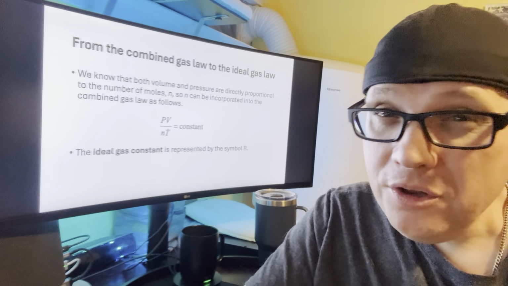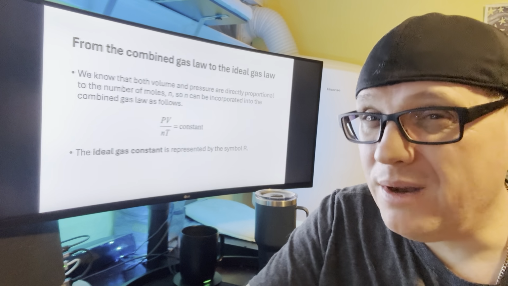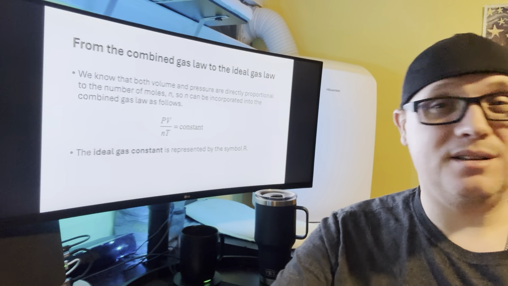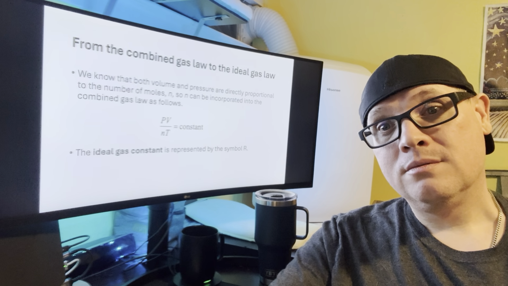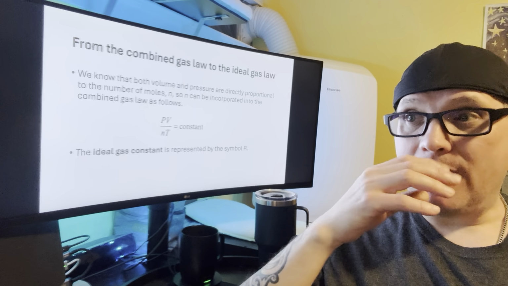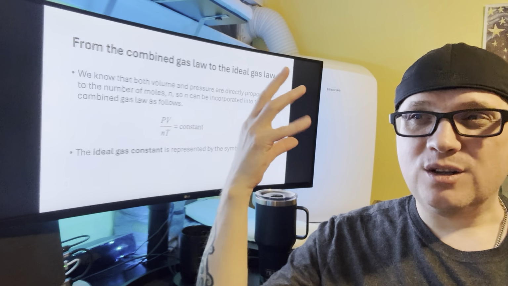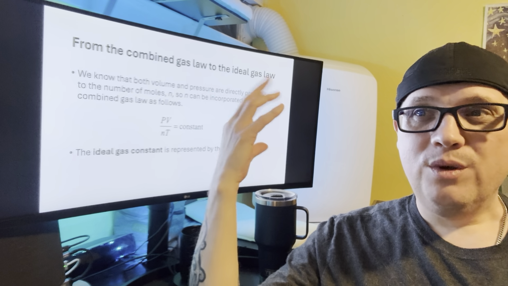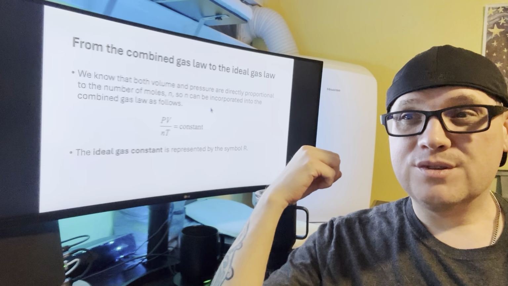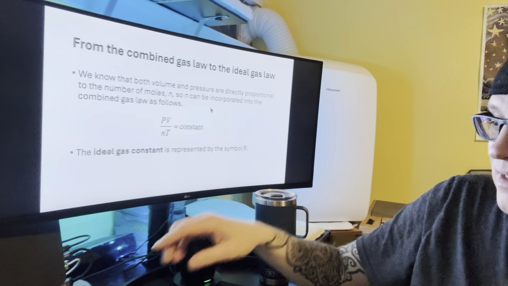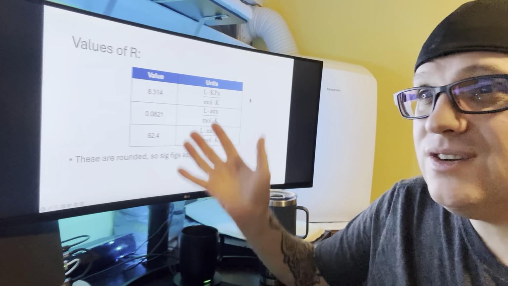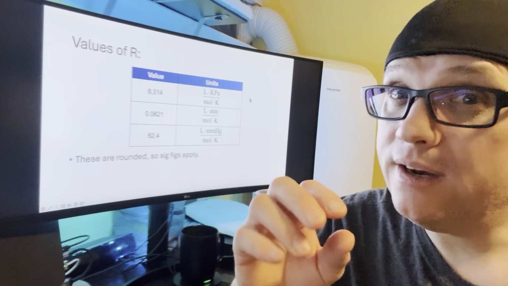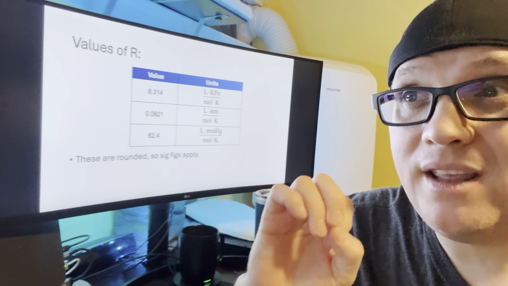And n is moles. I know, but why don't we use m? Because m is used for so many things in science, like mass and meters. So we use n for moles. Okay, so n is the amount, and of course there's this constant. We need a constant letter, so we use R. Now that constant actually equals a number, and you can see here some values of R. It all depends on what my units are.